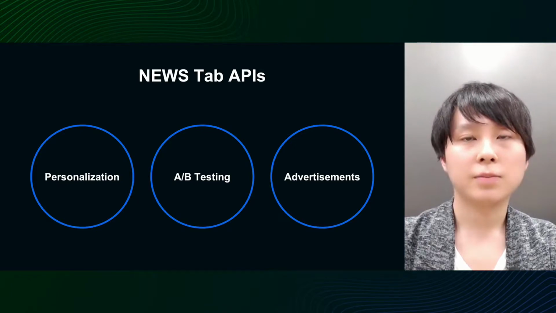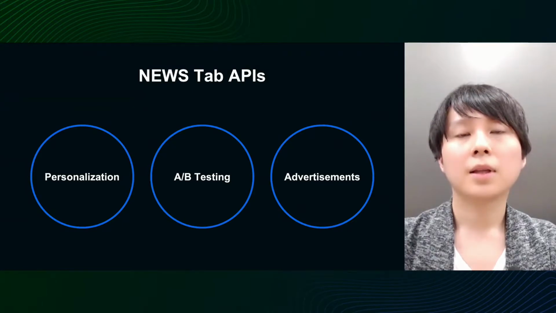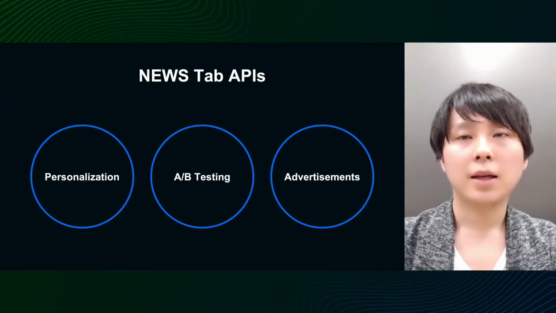But they also significantly change the layout and content heights depending on the response results. For example, in the case of personalization, the order of the components displayed depends on the result of the API response. If it is an A/B testing, you might not draw a particular component at all. In the case of ads, different sizes of ads may be displayed each time, depending on the ad inventory.